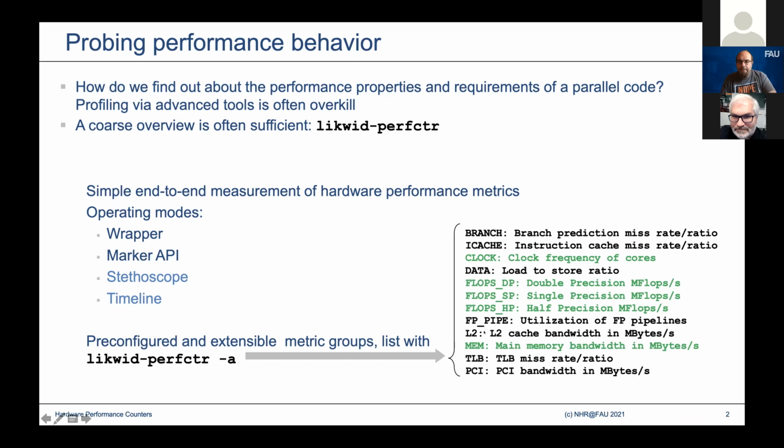Here I copied some of the groups from A64FX from the Ookami nodes. Like BRANCH for the branch prediction and CLOCK for clock frequencies. FLOPS, of course, there are different FLOPS groups for the different precisions, but also like L2 and MEM for the resource usage in the cache and memory hierarchy.